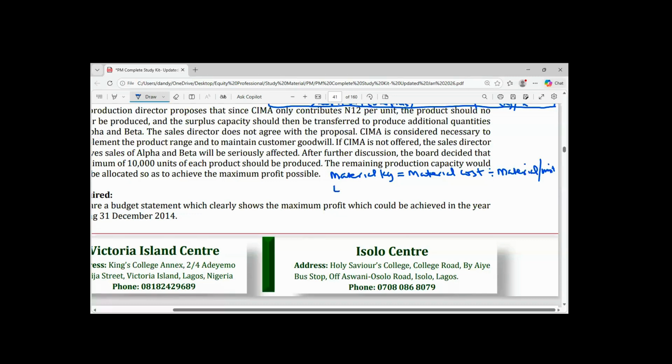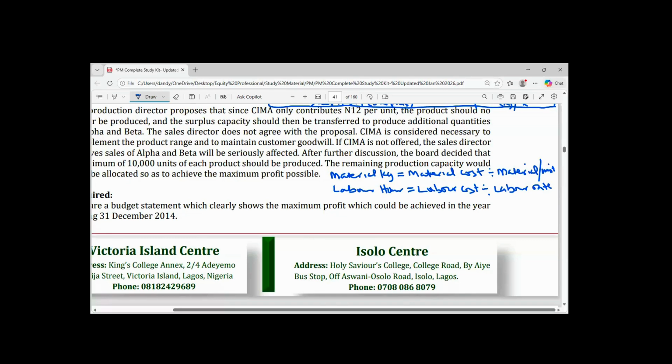Also, labor hour per unit will be calculated as labor cost divided by labor rates. All right. So this is how to calculate the material kilogram and labor hour per unit.